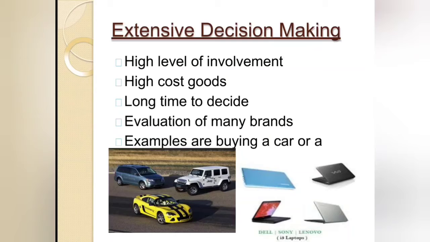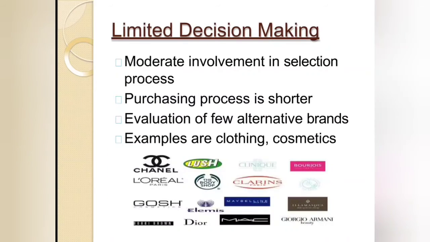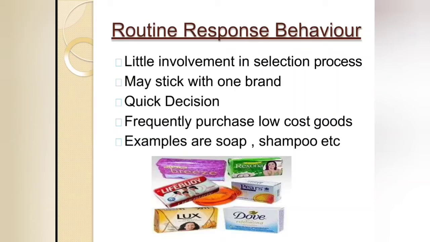But one funny thing is that it depends on the person's economic power, whether he is going for extensive decision making or limited decision making or routinized response behavior. For a poor person, a routine response behavior may also involve high involvement.